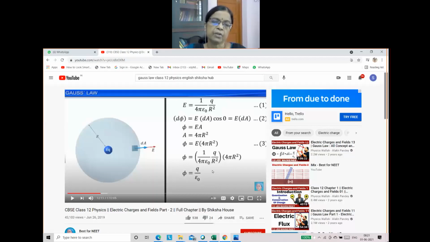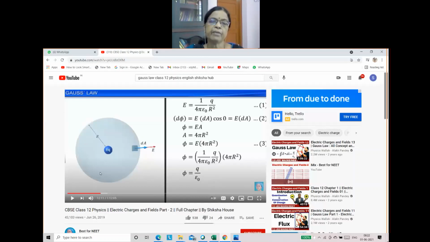The total electric flux, phi means electric flux, the total electric flux enclosing a surface. This is the surface enclosing this charge. The total electric flux enclosing a charge is Q by epsilon 0, charge by epsilon 0. What is epsilon 0? Permittivity of free space.